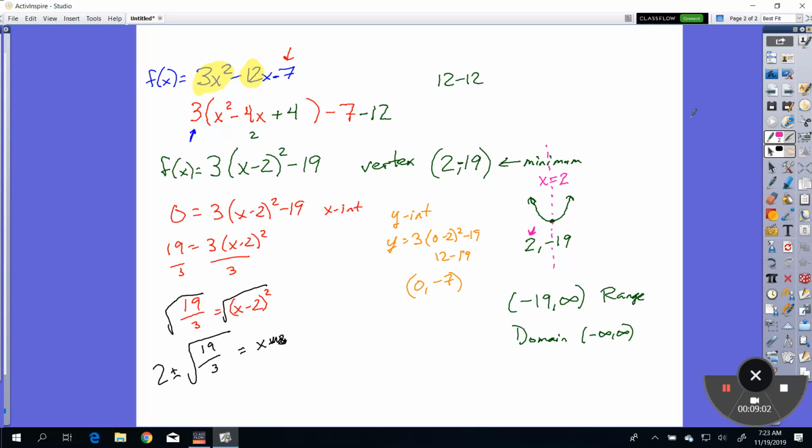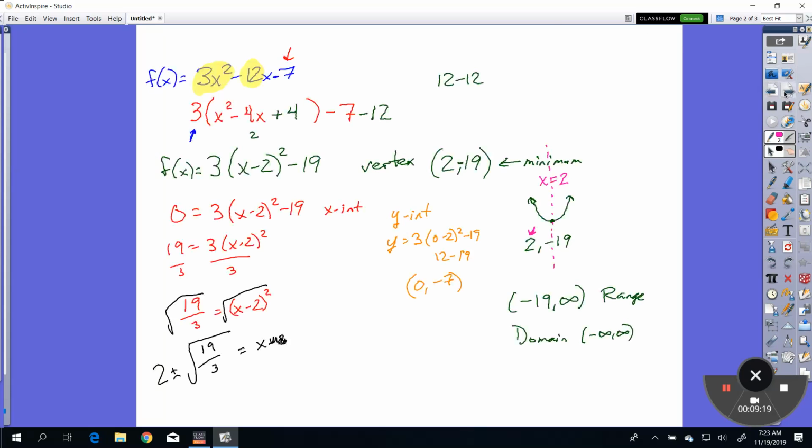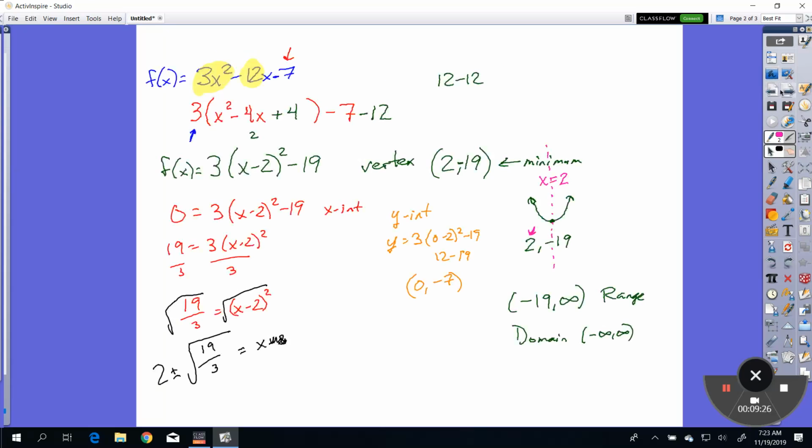There is a shortcut way to find the vertex. I've never taught it, but I'll tell you guys what it is. I've always just done completing the square, but it's easy once you remember this part. So let's start with the same equation, 3x squared minus 12x minus 7.